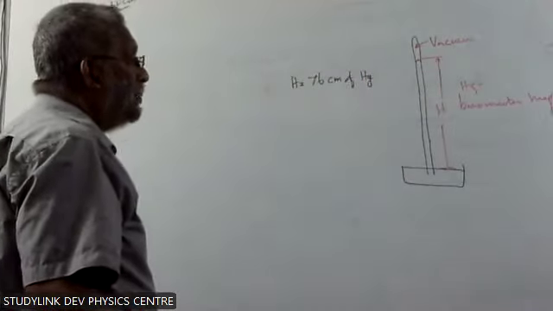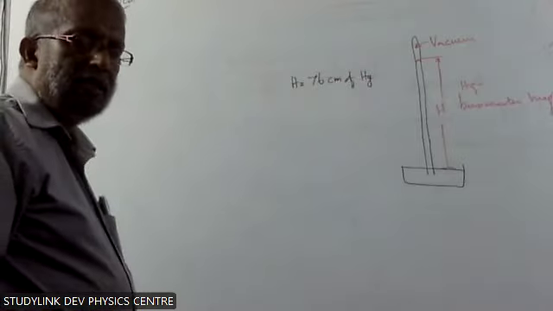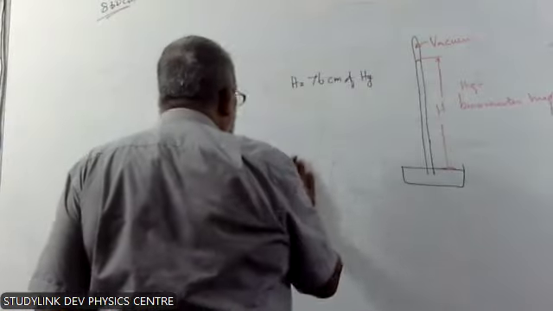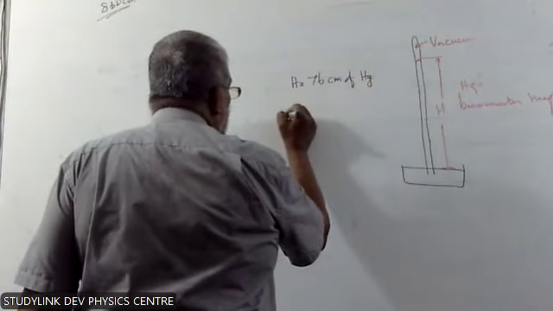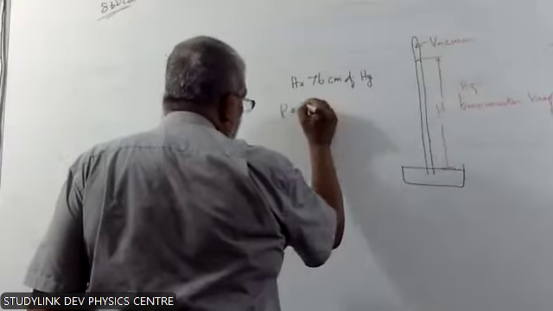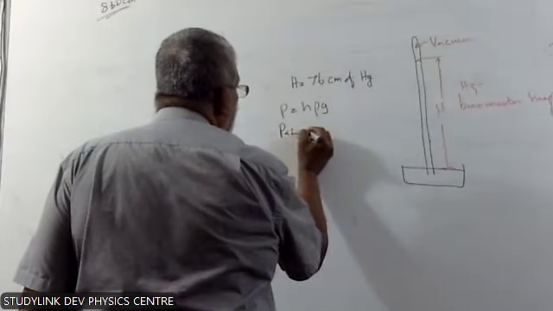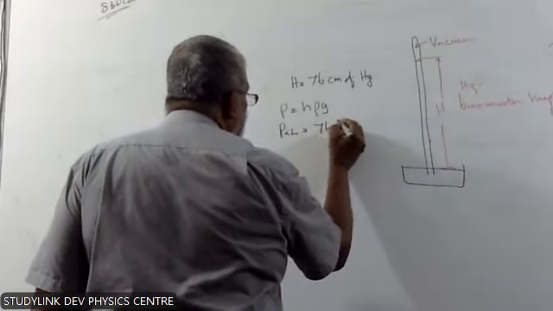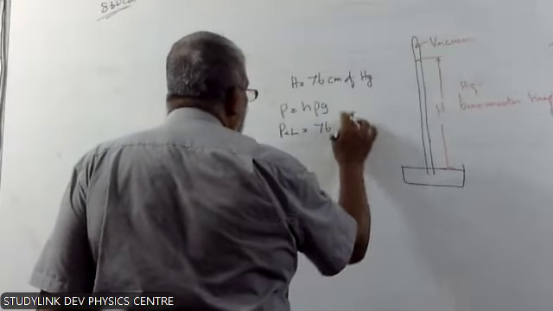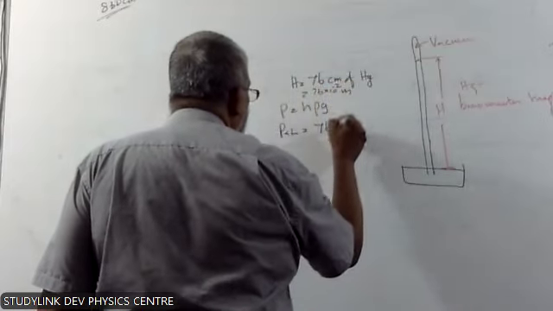But we can't apply this value directly in Poiseuille's equations or hydrostatics equations because we have to use SI units. So what we do is we use the normal pressure formula from hydrostatics. In hydrostatics, pressure is equal to h rho g. So P atm in this case is equal to 76 centimeters, but it should be converted to meters: 76 into 10 to the power minus 2 meters.